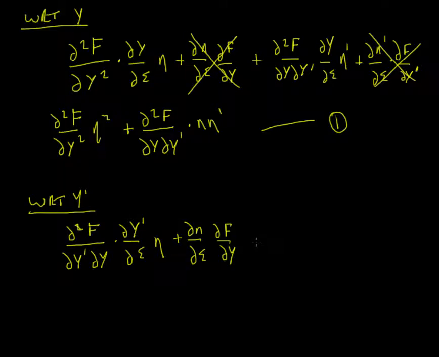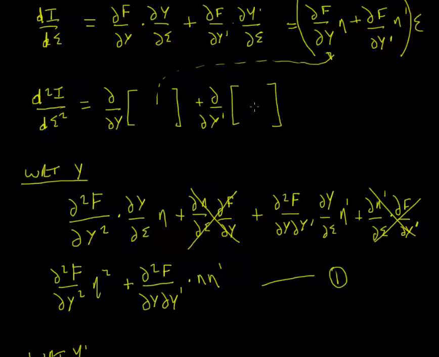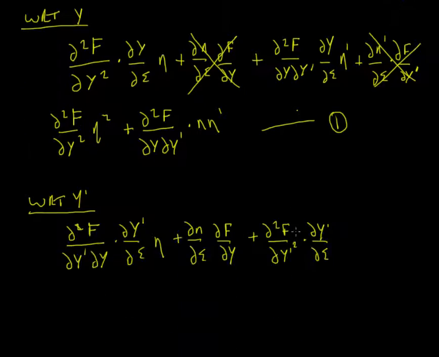Then the second part would be plus partial squared f by partial y derivative squared, times by the chain rule partial y derivative upon partial epsilon, times our value eta derivative.